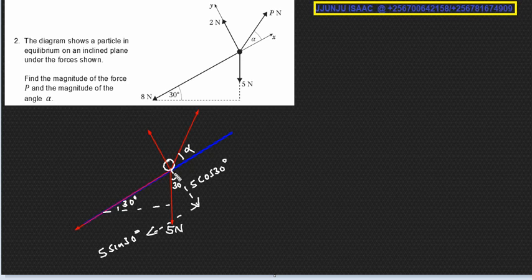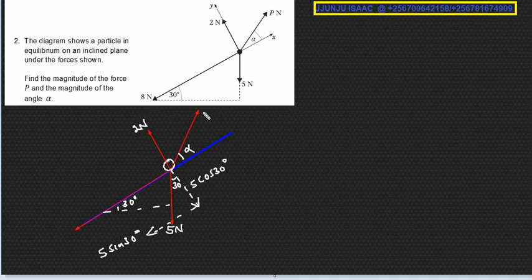So you need to resolve it perpendicular to the plane. So perpendicular to the plane, the 5 Newton is acting in this direction, and along the plane, the 5 Newton is acting in this direction. So if this angle is 30, this side is sine and this side is cos.